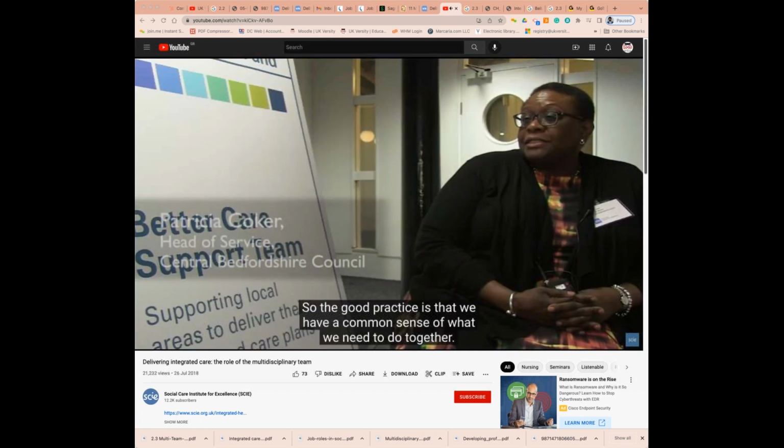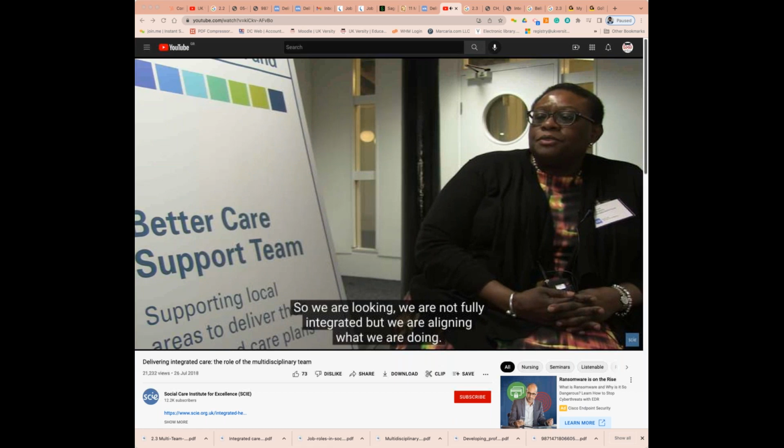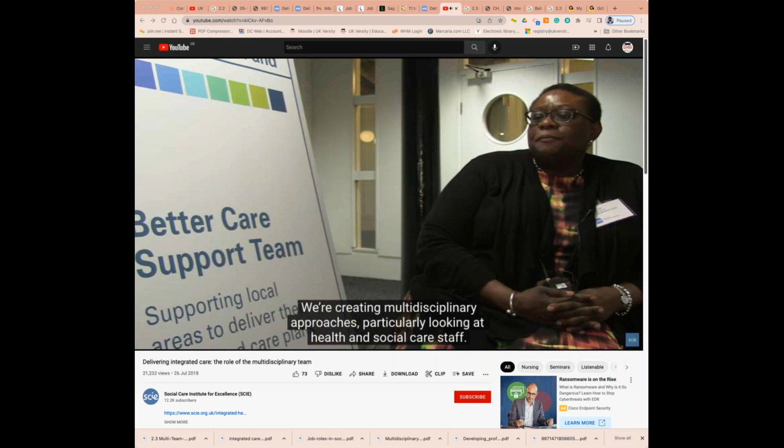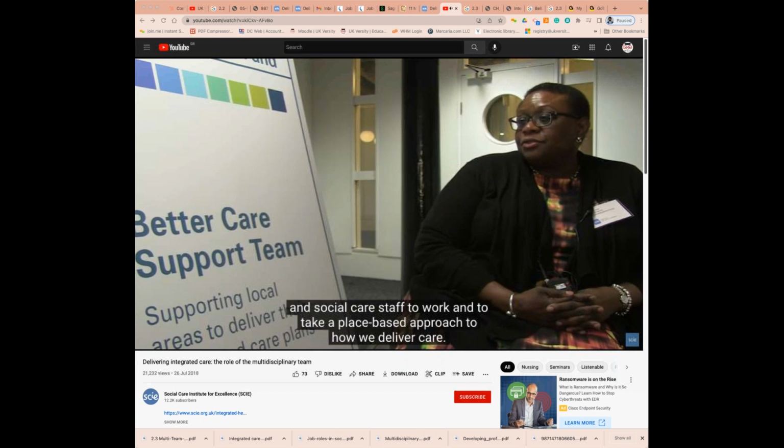So the good practice is that we have a common sense of what we need to do together. We're not fully integrated, but we're aligning what we're doing. We're creating multidisciplinary approaches, particularly looking at health and social care staff, bringing together community health services, mental health and social care staff to take a place-based approach to how we deliver care.